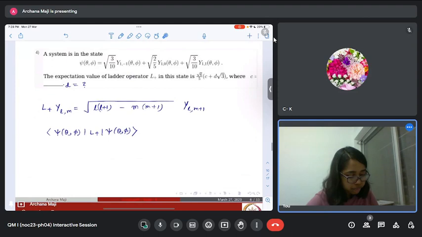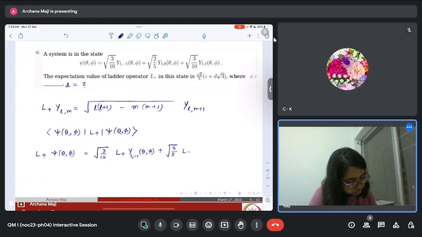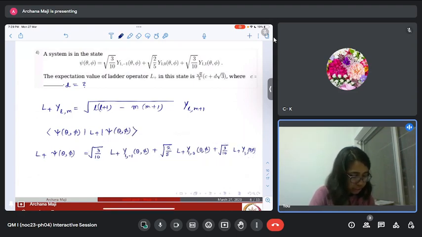You can tell me what you are getting for this part, like L plus acting on the state. What are you getting?